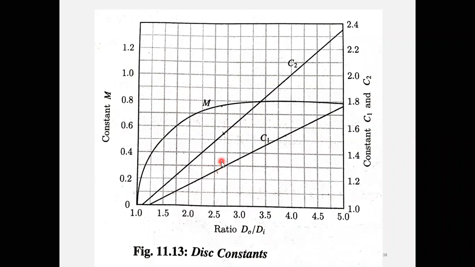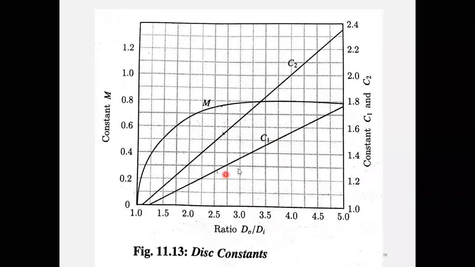Moving vertically up, from this you will get the value of C1. Note down the value. It should be 1.3. That is the value of C1. Similarly, you move vertically up.